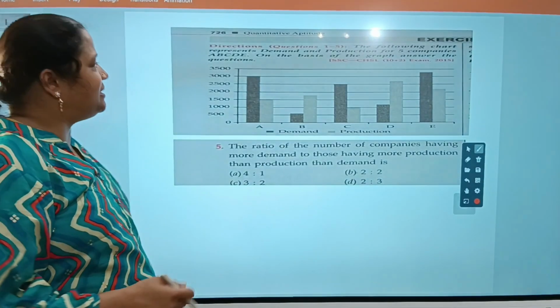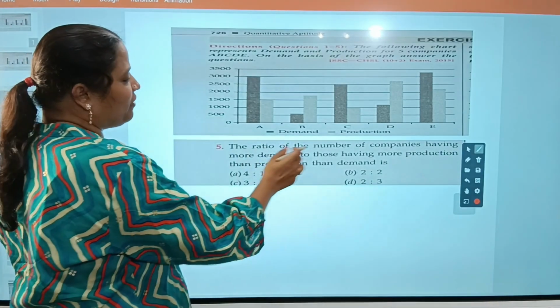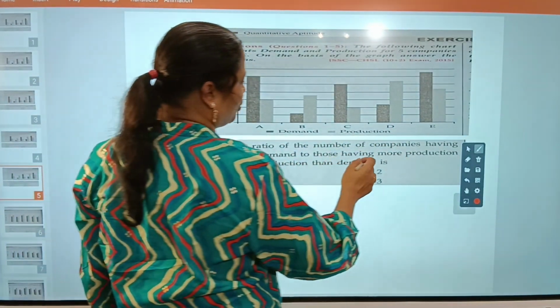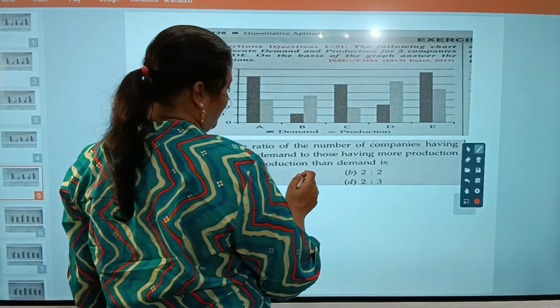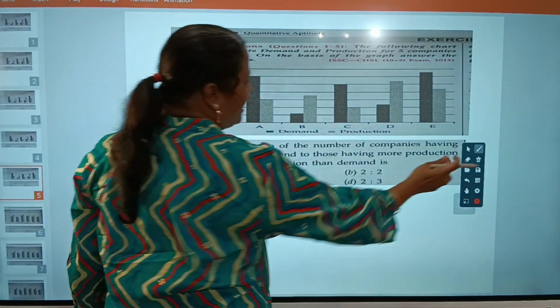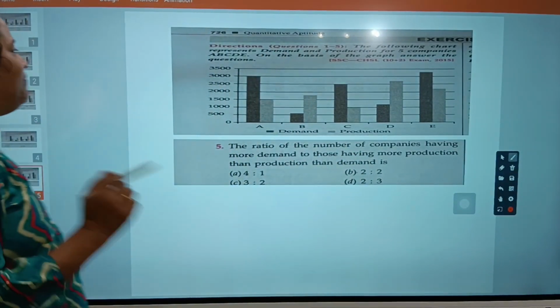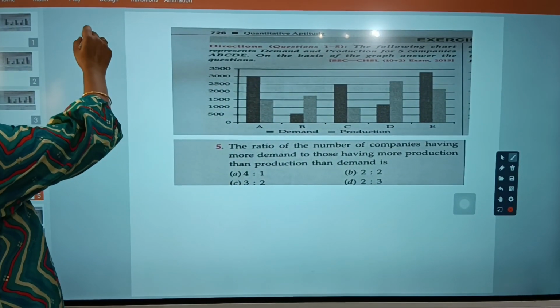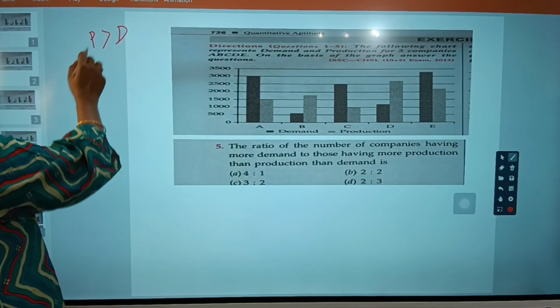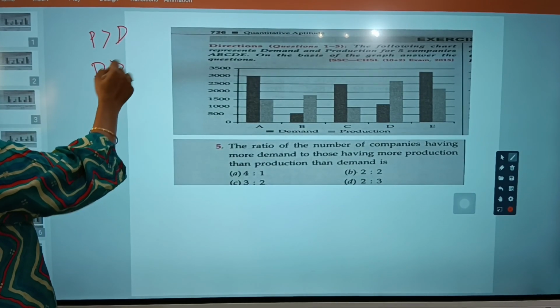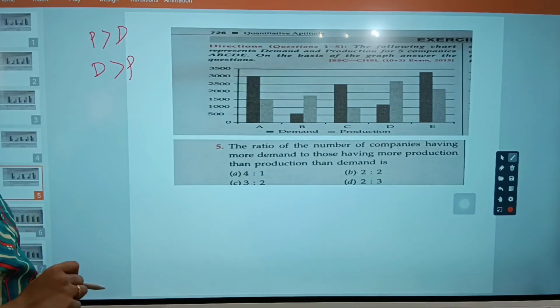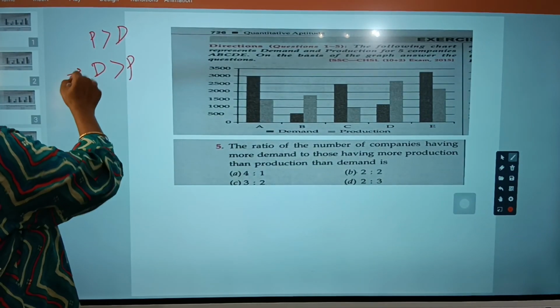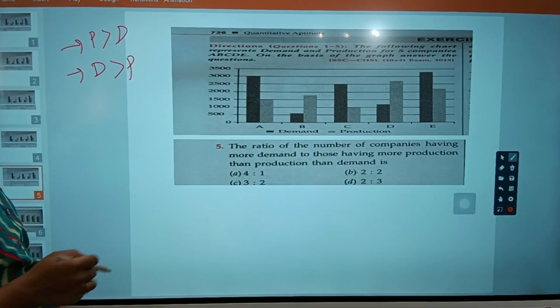The next question is, the ratio of the number of companies having more demand to those having more production than demand. Means the companies in which the production is greater than demand and the companies in which the demand is greater than production. That ratio we have to find out.